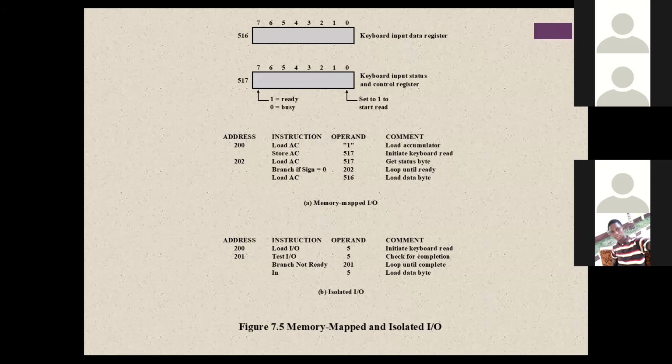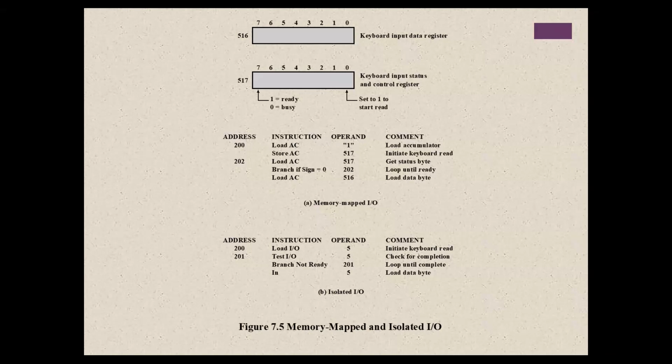Therefore, an advantage of memory mapped I/O is that this large repertoire of instructions can be used, allowing for more efficient programming. But the disadvantage is that valuable memory address space is used up. Both memory mapped and isolated I/O are in common use.